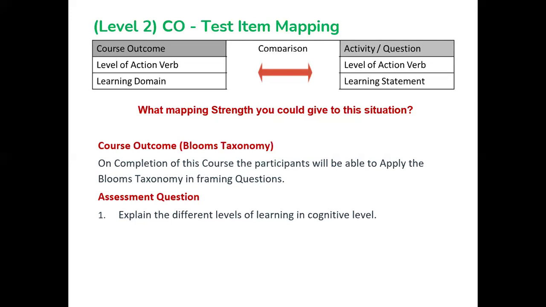So what is the cognitive challenge? It is the understanding level, or the student can memorize it and write the answer. The student only has to explain the different levels of learning in cognitive level.